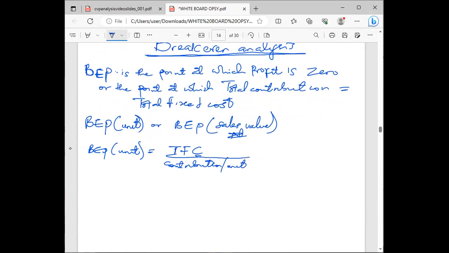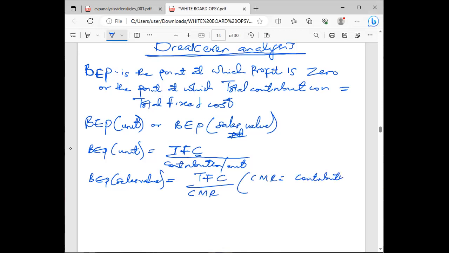Break-even point in sales value is equal to total fixed cost all over CMR. Recall that CMR is contribution all over selling price. Where you are not given selling price but total sales, your CMR is total contribution over total sales. That's why I said you must know the difference between the per unit value and the total value.